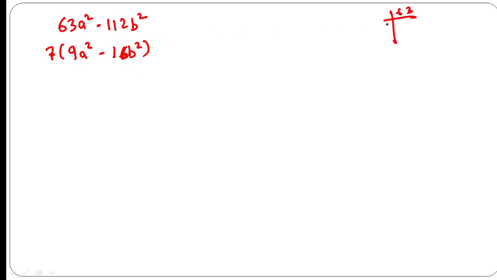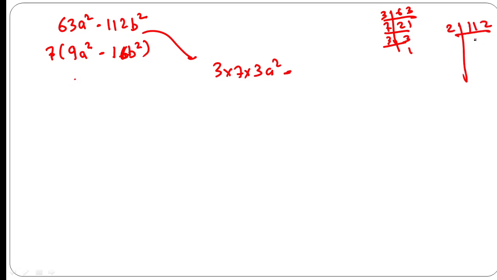You can also write this as 63 being 3 into 7 into 3 a square, minus 112 which can be written as 2 into 2 into 2 into 2 into 7 b square.